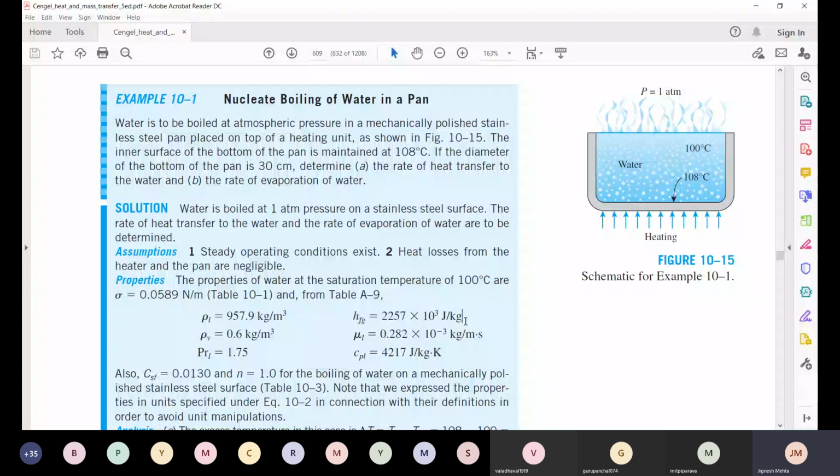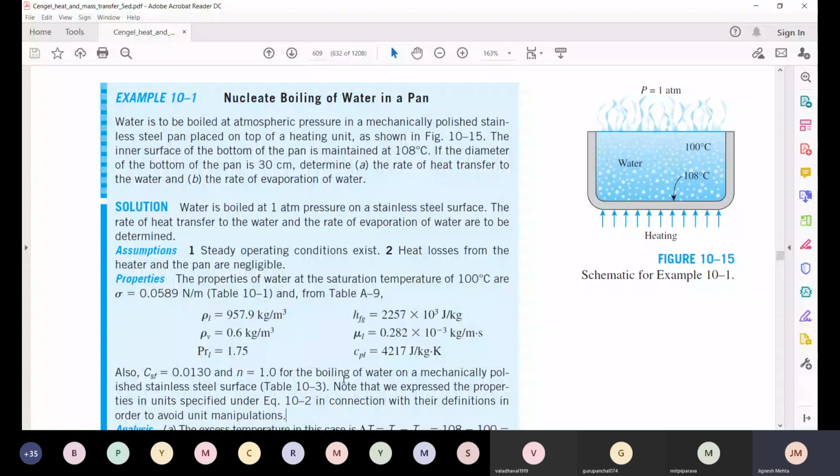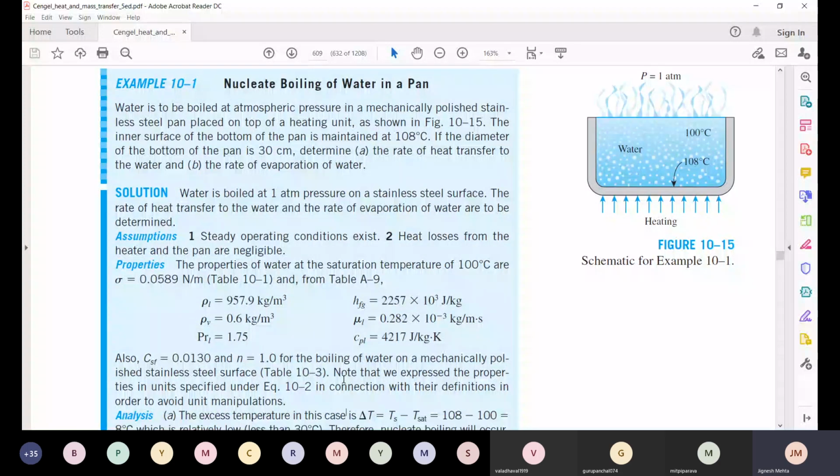Then the dynamic viscosity of liquid and Cp of liquid. So that is also put in joule per kg Kelvin. And then from the table, you get C_sf and n. So C_sf is 0.0130 and n is equal to 1 for the water and stainless steel combination. So you have all the required values for the correlation.